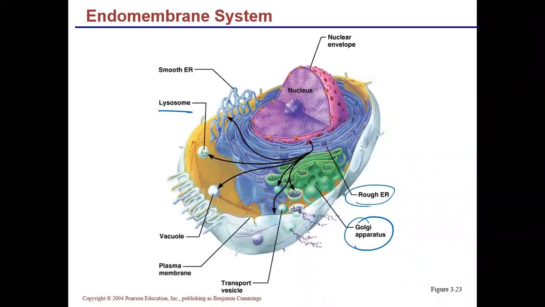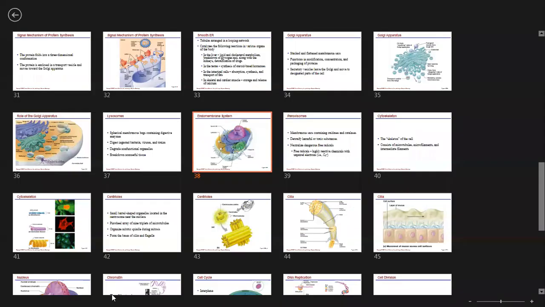Just like the school that has different departments, just like the workplace that has different departments, just like a community that has different departments, they're all there to work towards the common goal, and that is to ensure that the cell is doing what it's supposed to be doing.